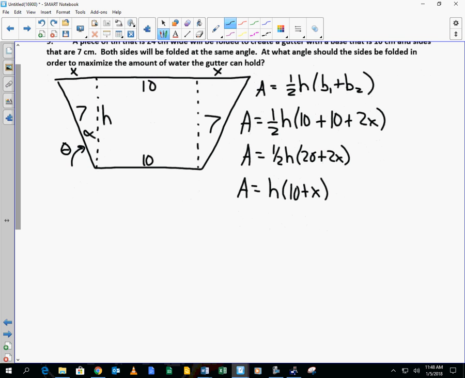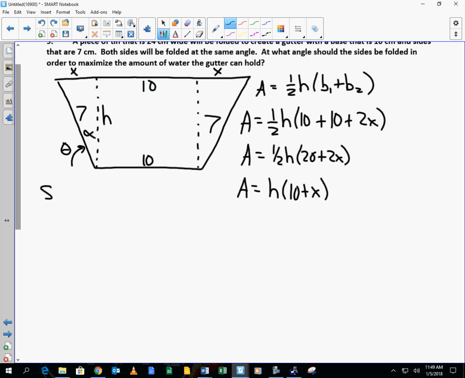All right, let's push along with it. All right, here we go. So what I need to do is focus on x. Tell me which trig function comes to mind if I focus on alpha, 7, and x.